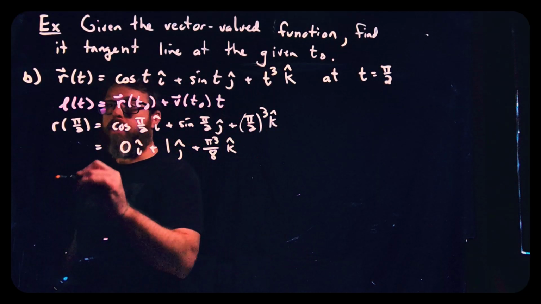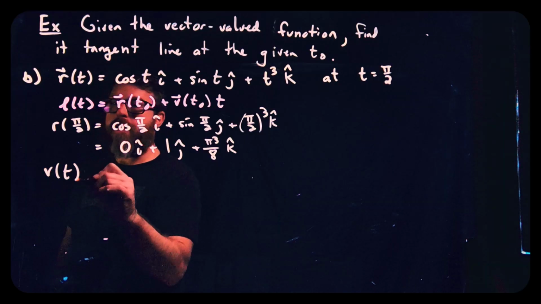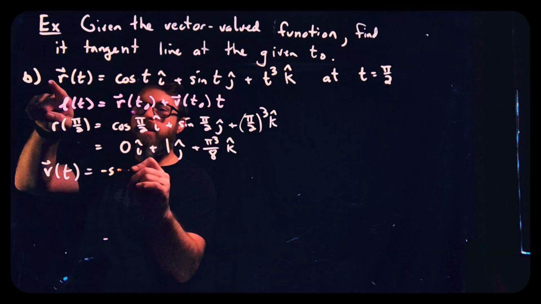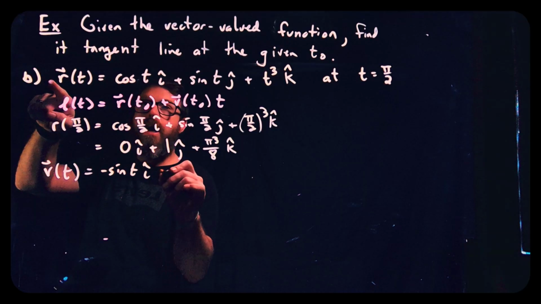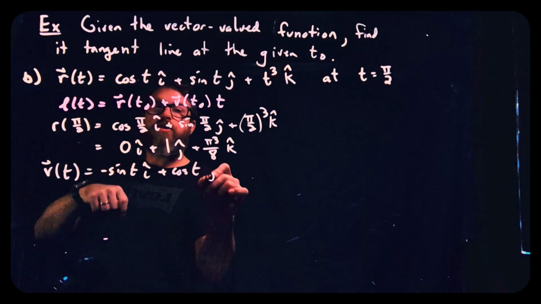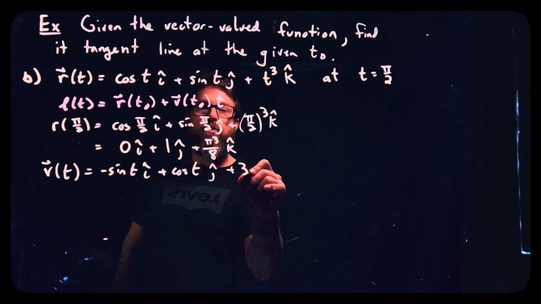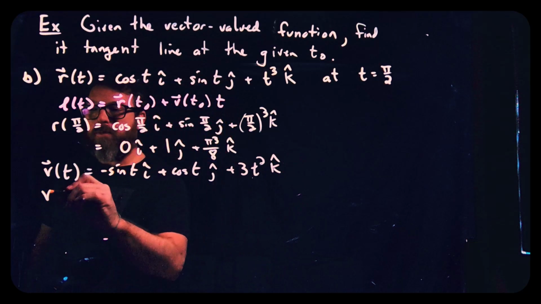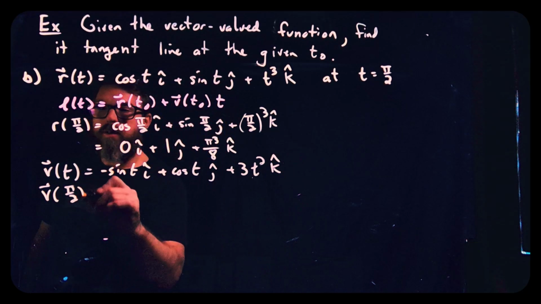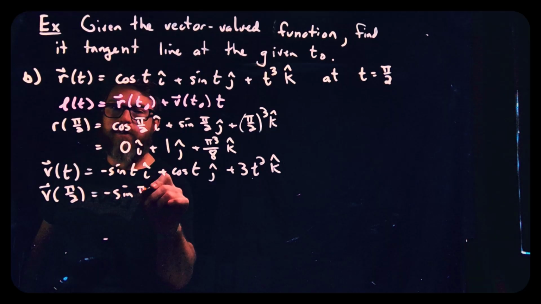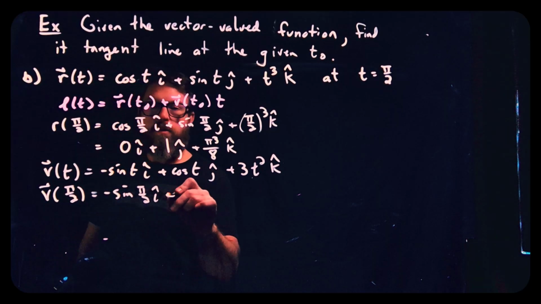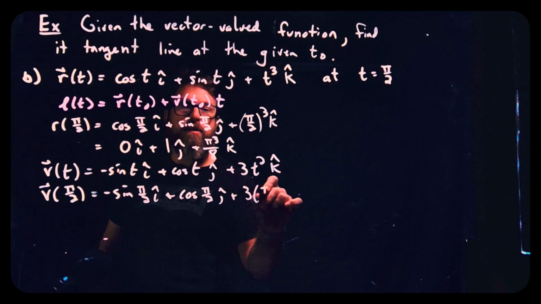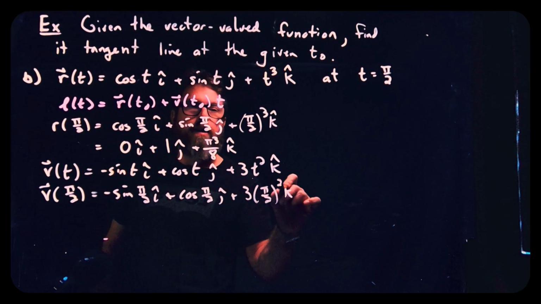Now, for our velocity vector, we're going to have to take the derivative of the original function. So the derivative is going to be minus sine of t i plus cosine of t j plus 3t squared k. Now, the velocity at that particular pi over 2 is going to be minus the sine of pi over 2 i plus the cosine of pi over 2 j plus 3 times pi over 2 squared k.